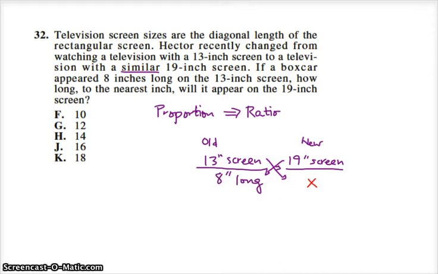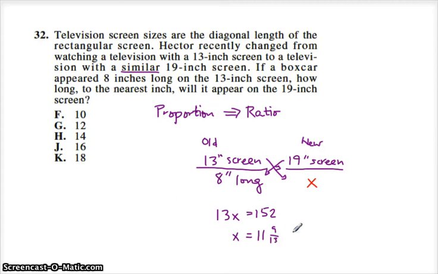That means that we end up with 13 times x equals 19 times 8, which if I'm not mistaken is 152. So now we solve for x. To do that, we divide both sides by 13, and we get that x equals, I have this in fraction form, 11 and 9/13.